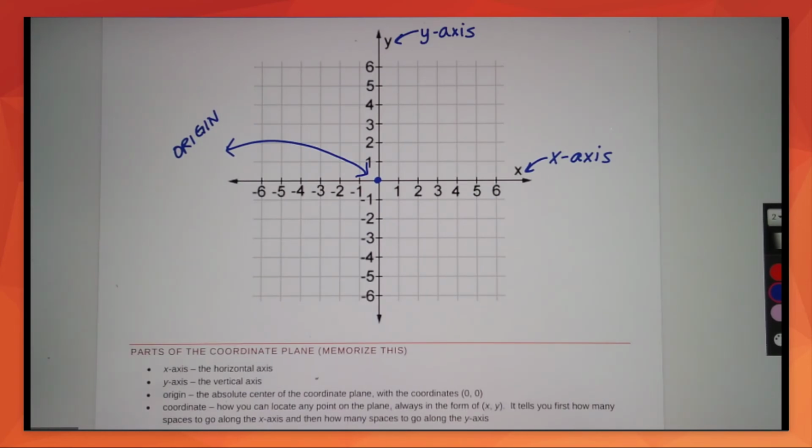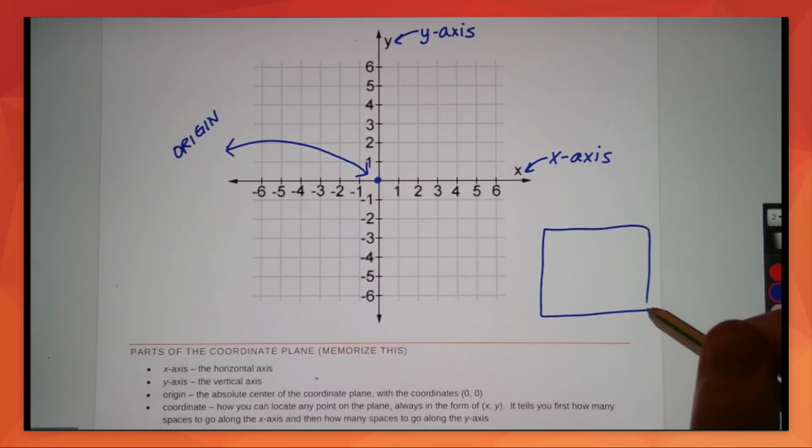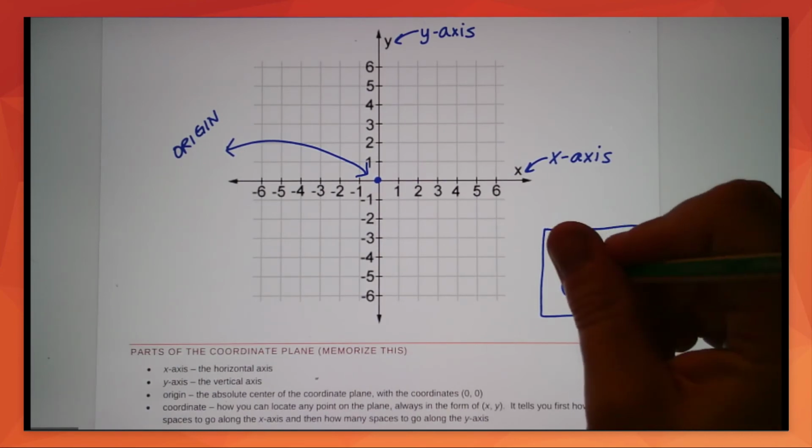Finally, we have this concept of a coordinate. You have probably seen, maybe in early geography, that maps have coordinates. So let's say you have a map. Here's a map, and there's some landmass on it.